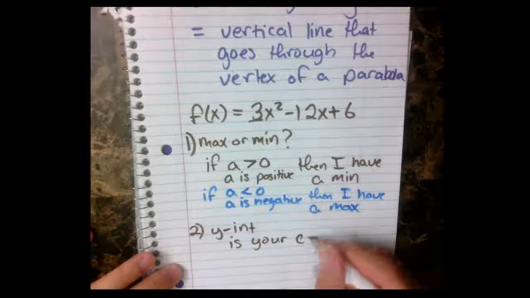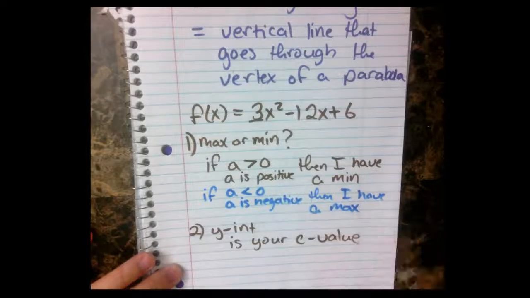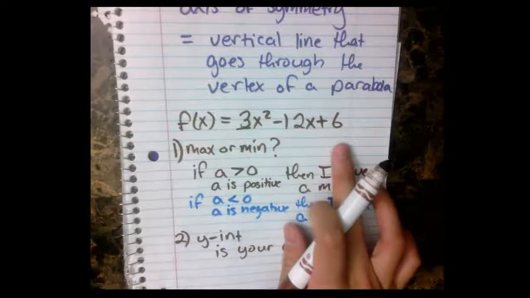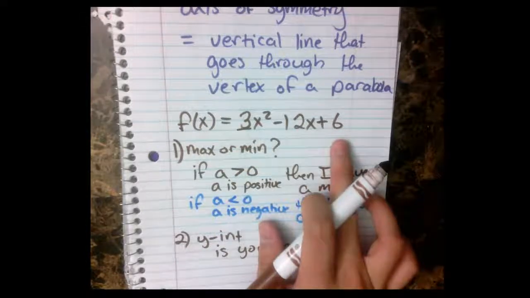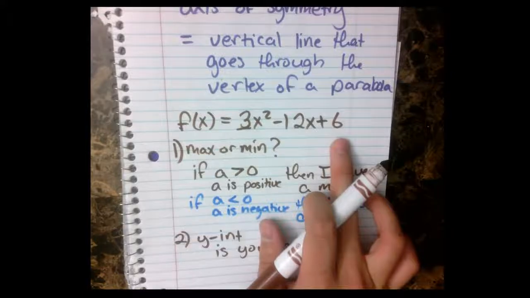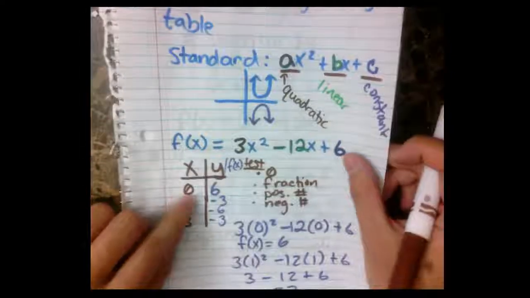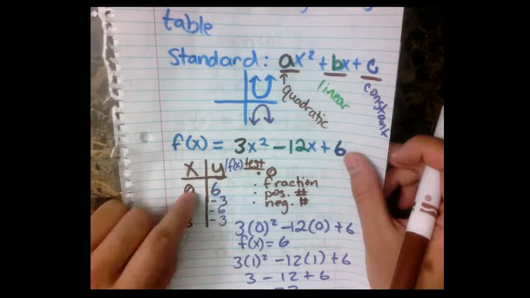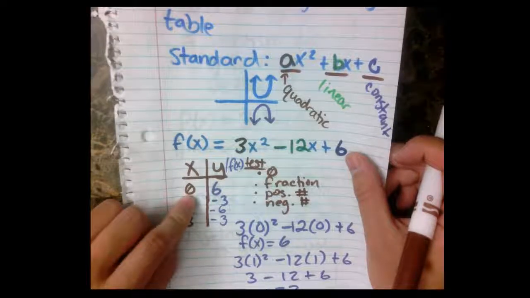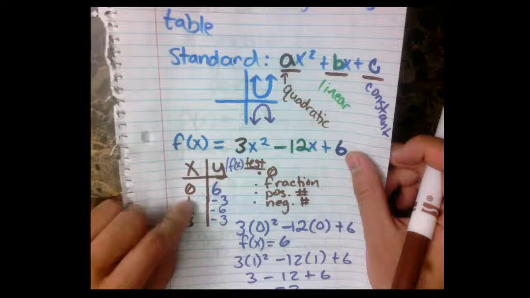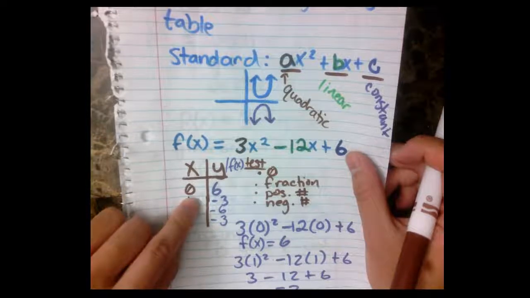Your c value. Okay, so you'll notice before that we actually tested 0 in and we got our y-intercept. When we tested 0, we got this as 6. And it's because your y-intercept is always where x equals 0. This is why I said this is the one that's non-negotiable. Where you pass the y-axis is actually one of the most important points.